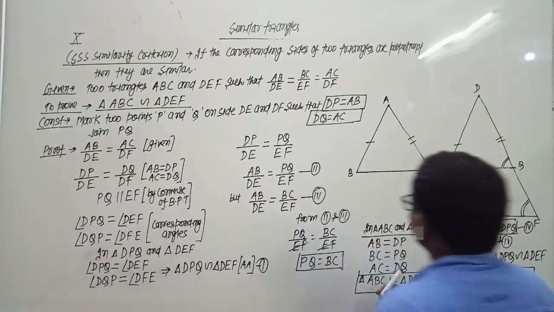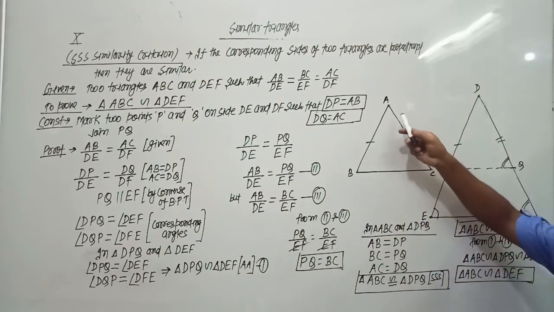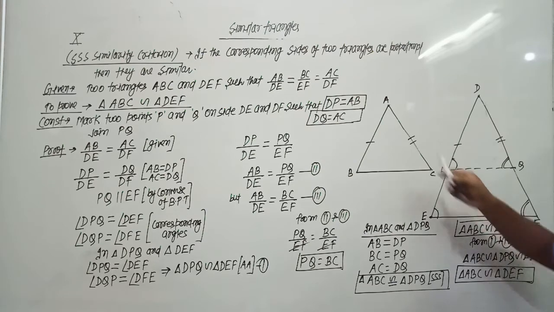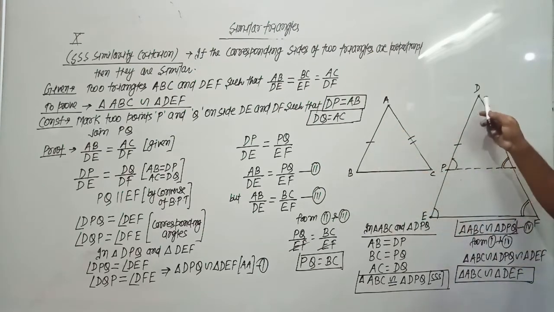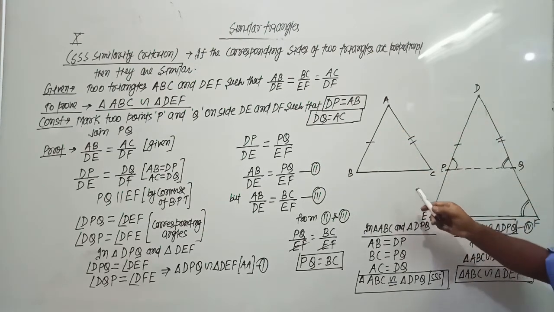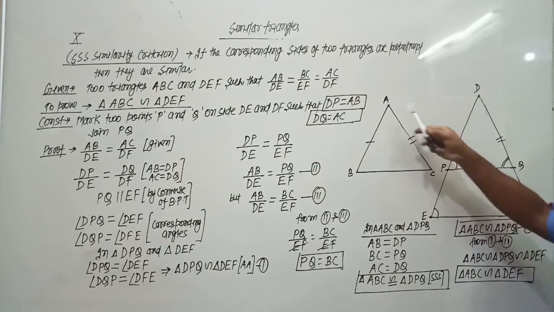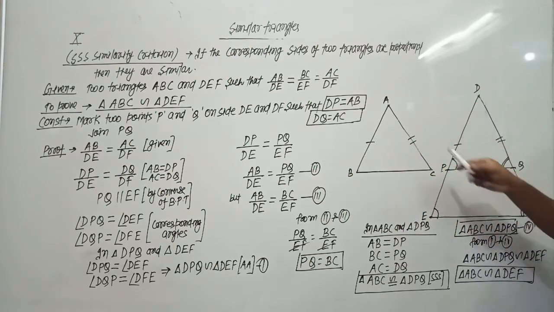So see again, two triangles ABC and DEF such that their sides are in proportion, meaning AB upon DE equals BC upon EF equals AC upon DF. Now we make a construction: take two points P and Q such that DP equals AB and DQ equals AC, and join PQ.